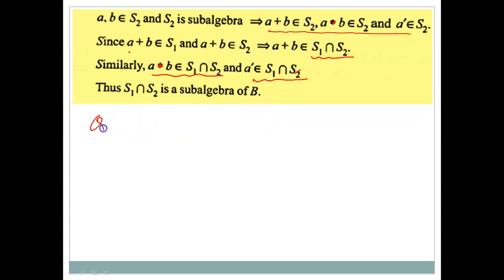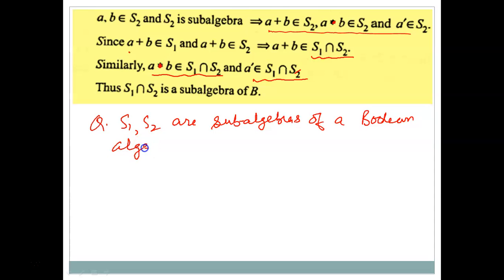Now, here, one question can be looked into, that is, if S1 and S2 are subalgebras of a Boolean algebra B, then what can you say about the union?